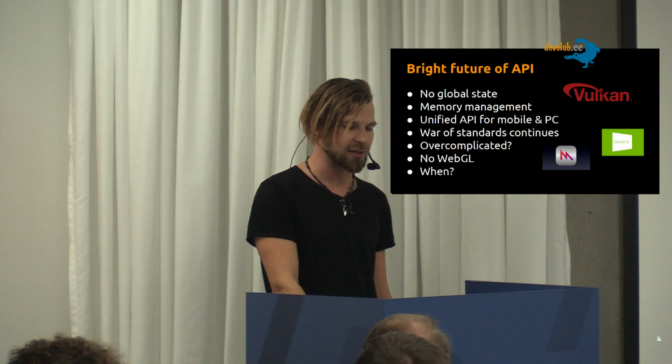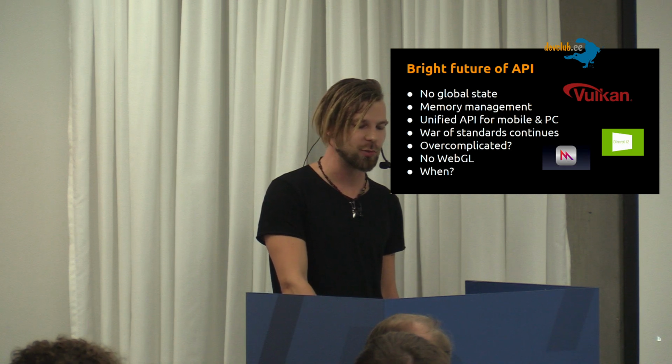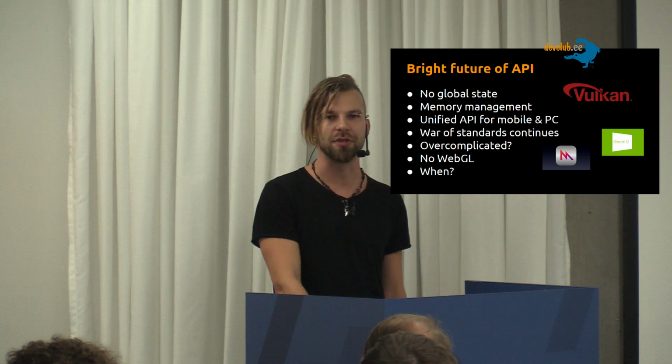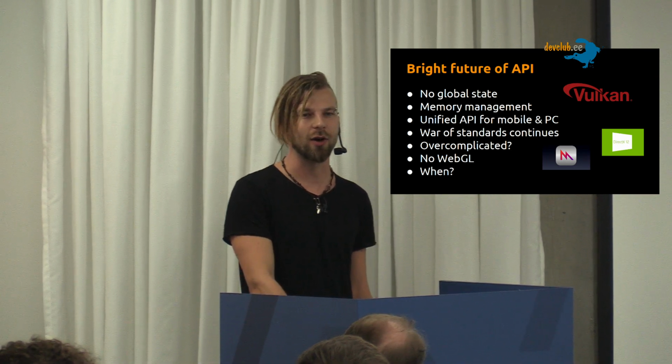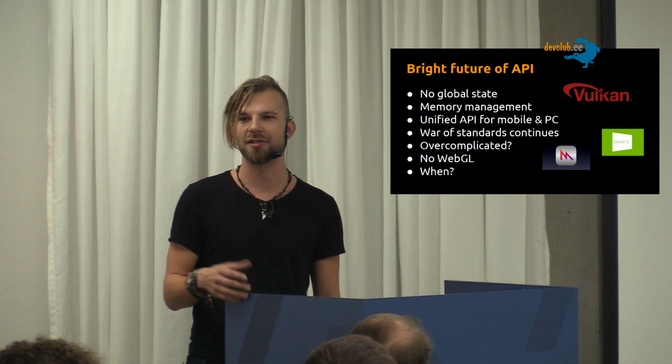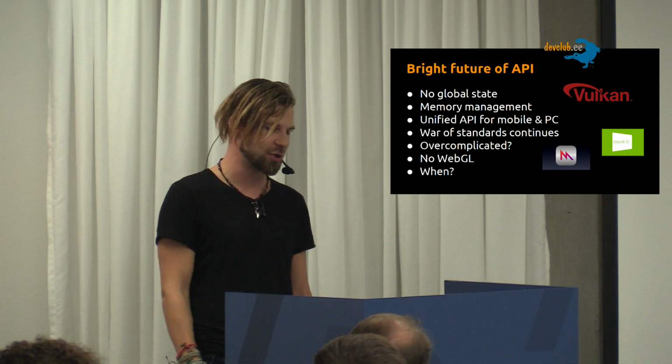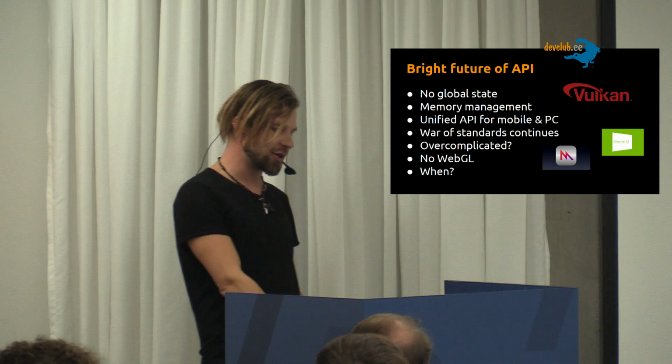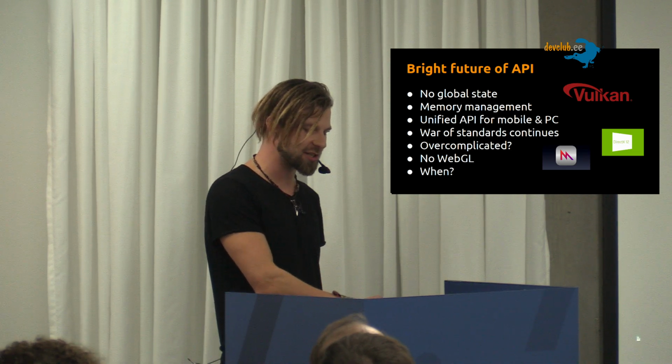The good thing is that there are no differences now between mobile and PC APIs, for example. Before we had OpenGL and OpenGL ES for mobile phones, a subset of the functionality of OpenGL. And yeah, the standard war continues, as I said.